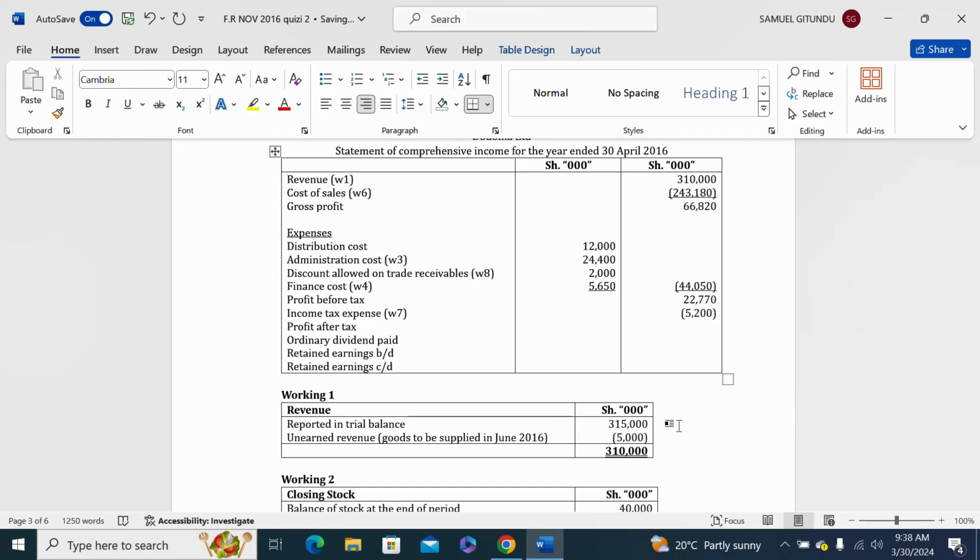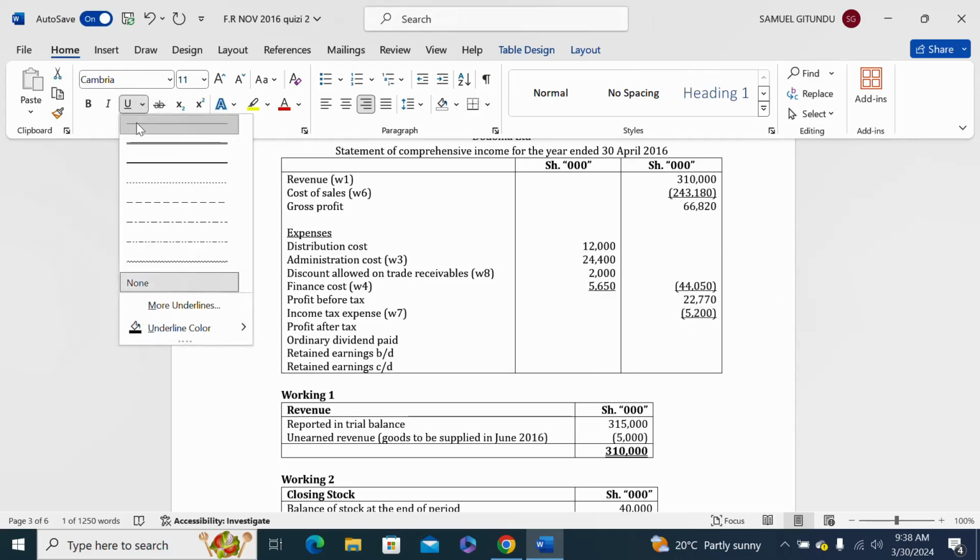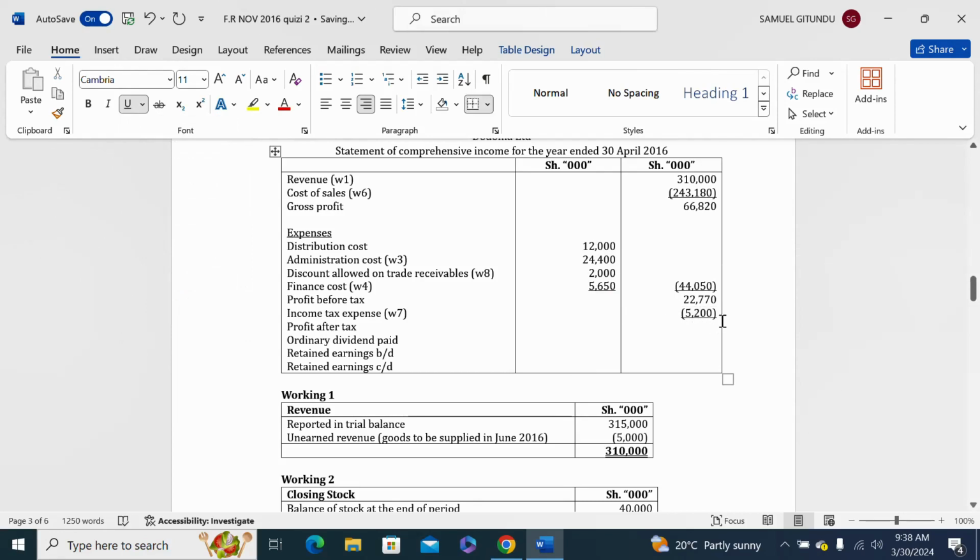Therefore, our profit after tax is 17,570,000. Then we deduct the ordinary dividend paid.